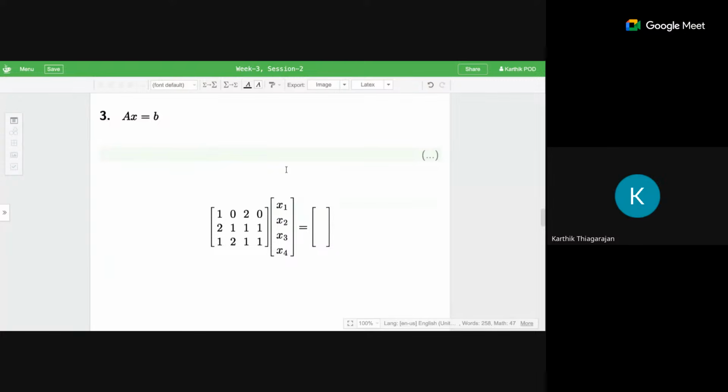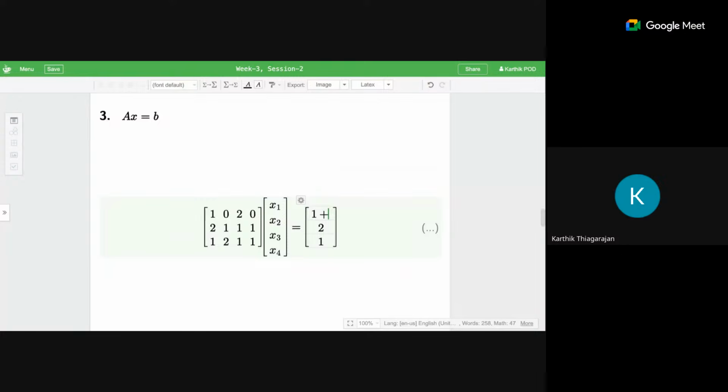I want 1 times the first column, plus 2 times the second column, which is 0 plus 2 plus 4.